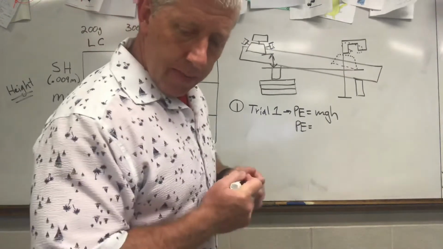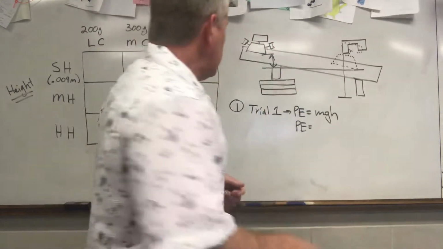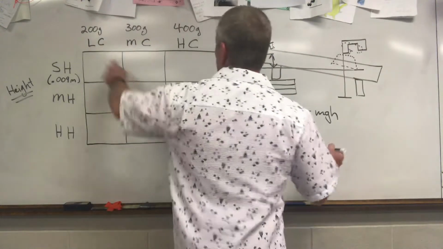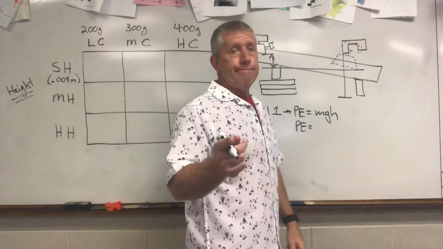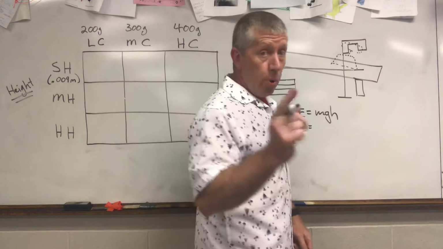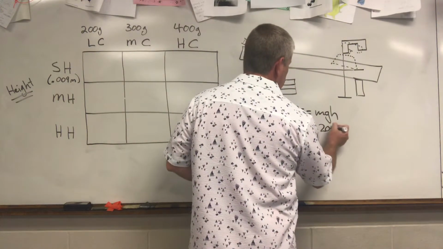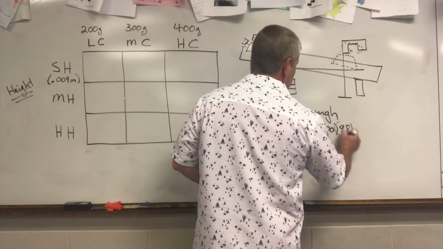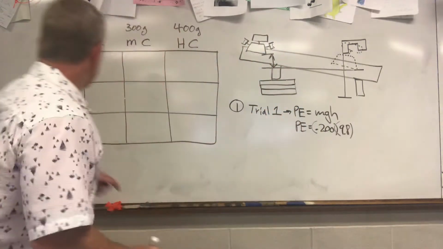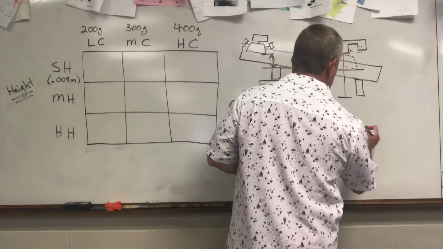So m, that was a 200-gram cart. What should I put it in? Kilograms. 0.2 kilograms multiplied by 9.8. The height of the hill in meters is 0.009.